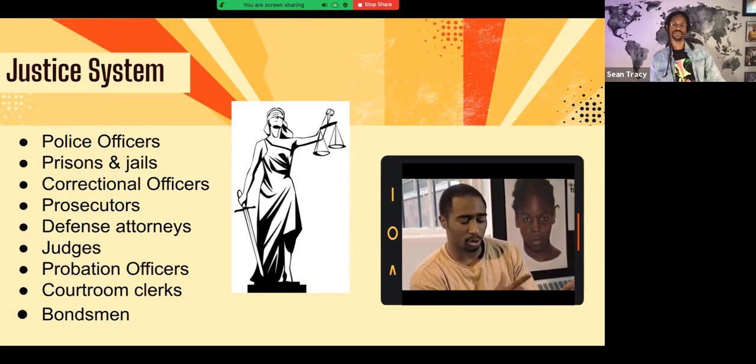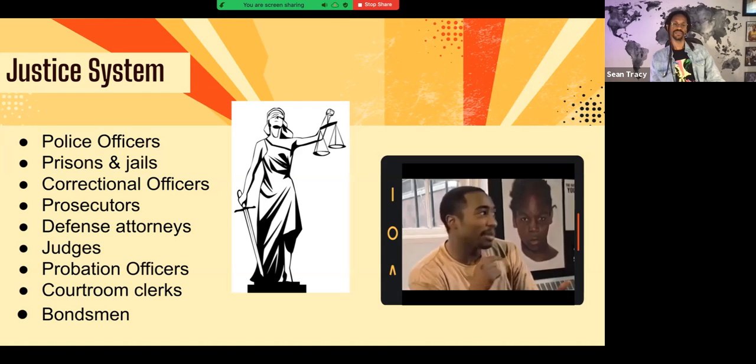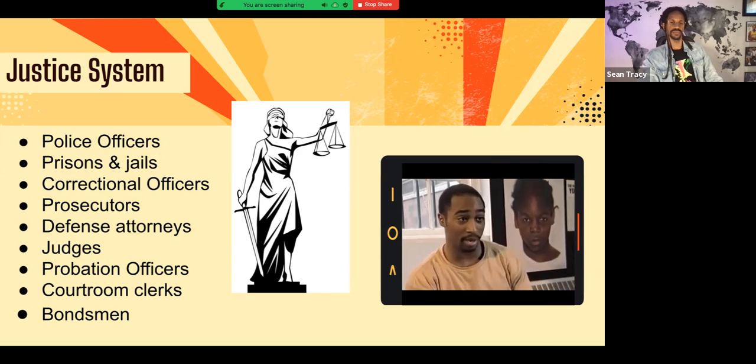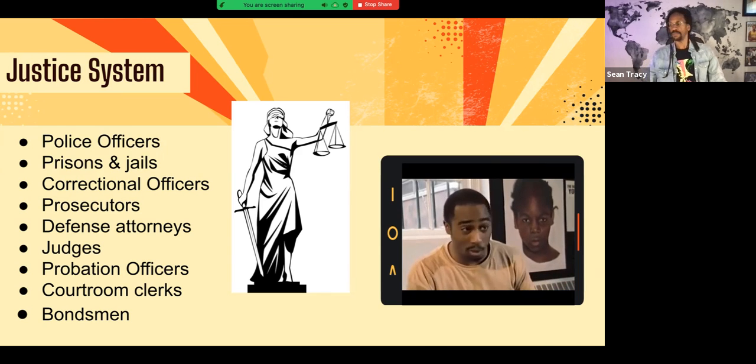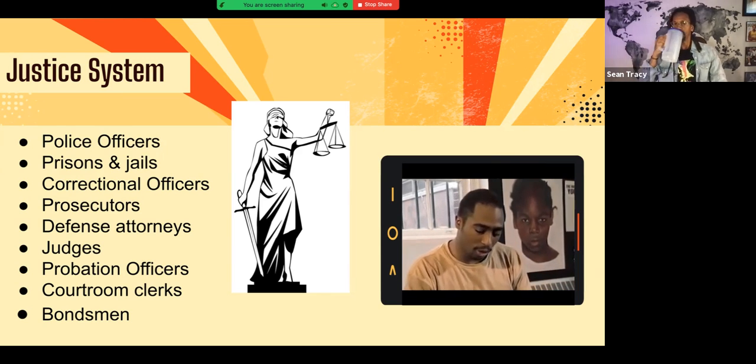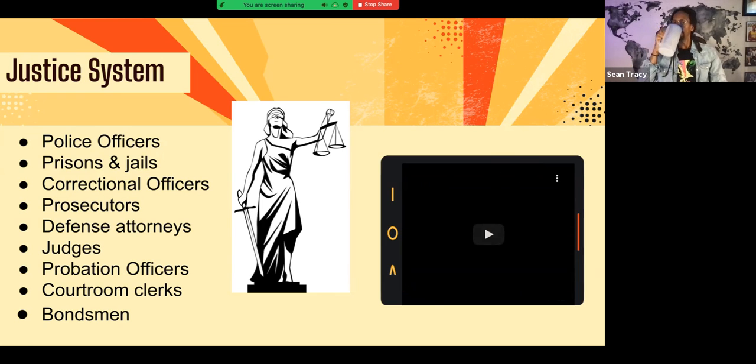You can look at it with the 3 strikes law. You can look at it where they're building more jails. They're starting to sell jail space. Jail is big business. Believe me, I'm in jail. I see the big business. They charge you for your telephone calls. They charge you for disciplinary problems. You can feed a whole town off one jail. This jail is in the middle of a town that feeds everybody. Everybody works here. This is the main income. So if there was no criminals, nobody would work. So if we don't start peeping that, we're in trouble.